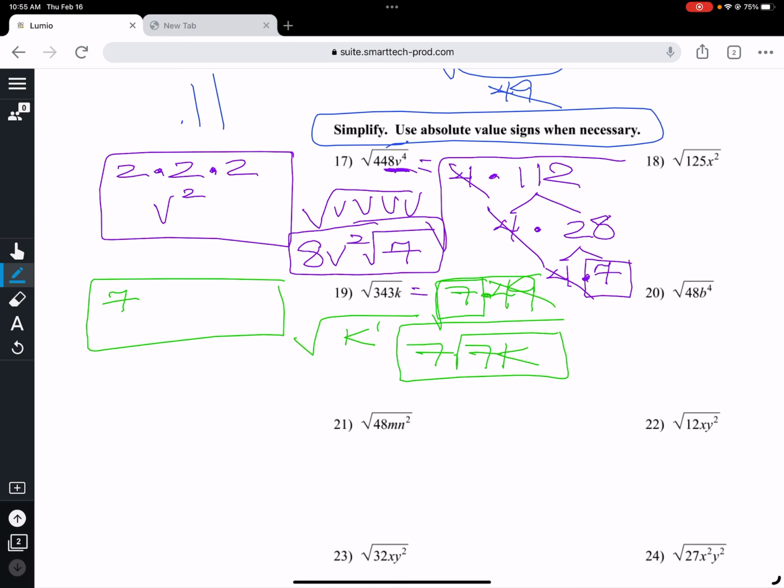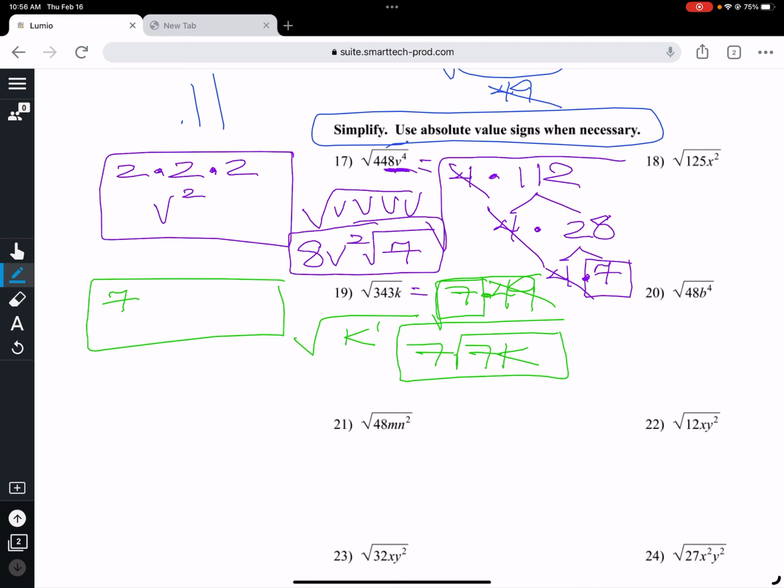Because a negative k times a negative k will give us a positive k squared. But you need it to show that it never was the negative option. Because if you broke it down and had a negative, you would have an imaginary number, and we can't have that.